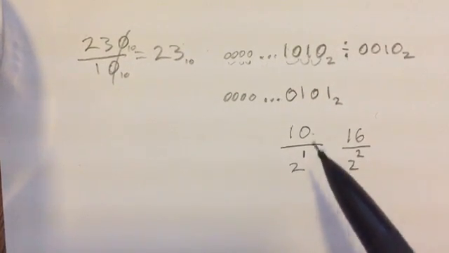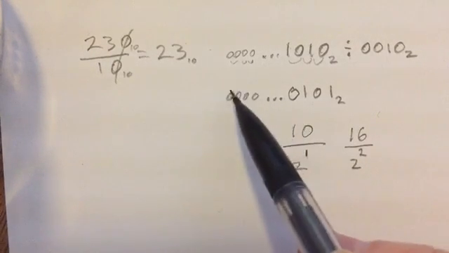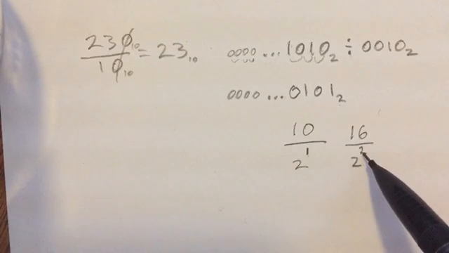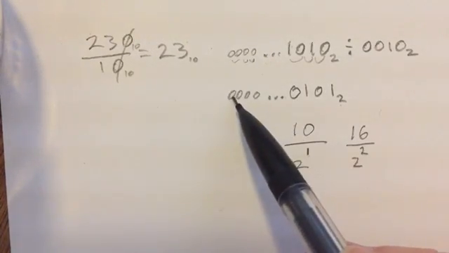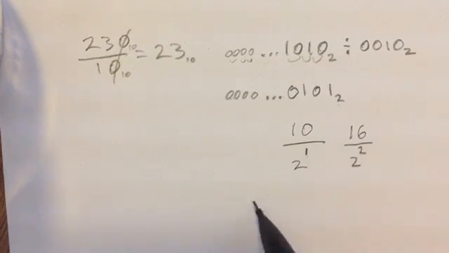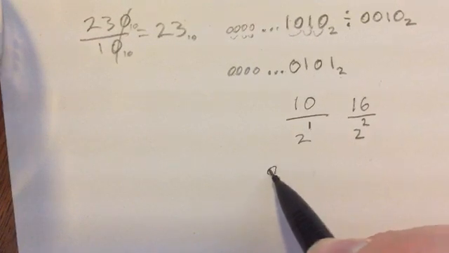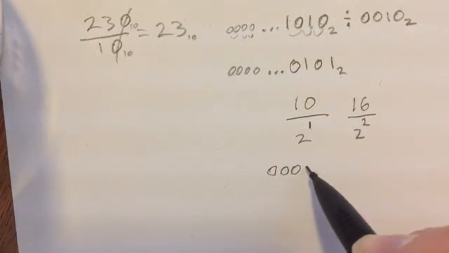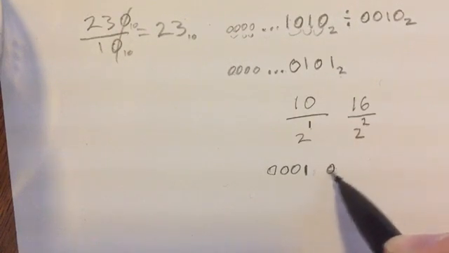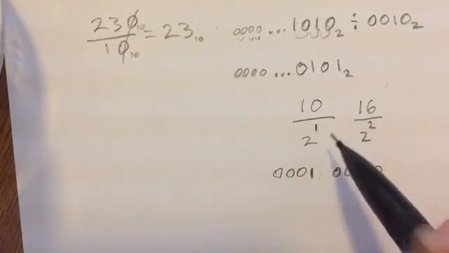But hang on. If we moved in 1 bit to divide by 2, what if we move in 2 bits, shifting right 2 bits? Well, let's write out 16. All right, so we have 00010000.